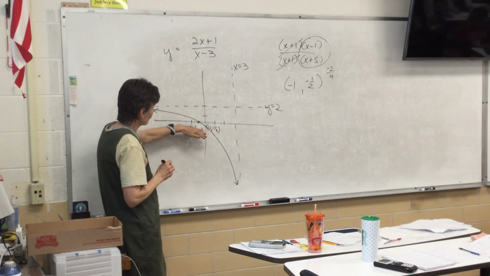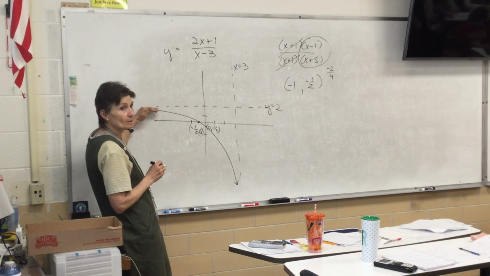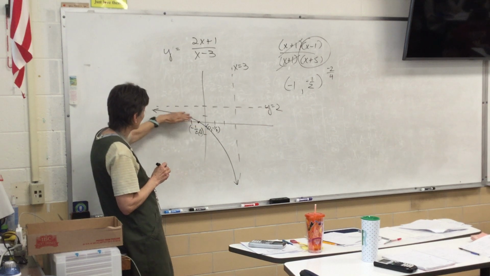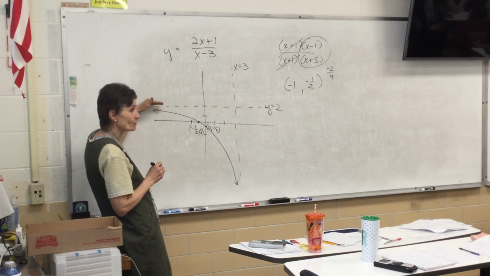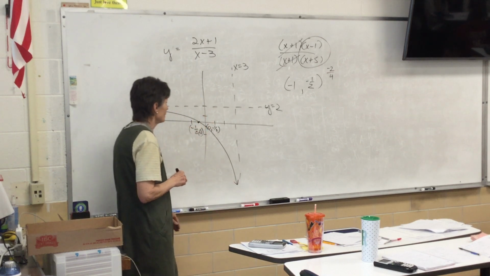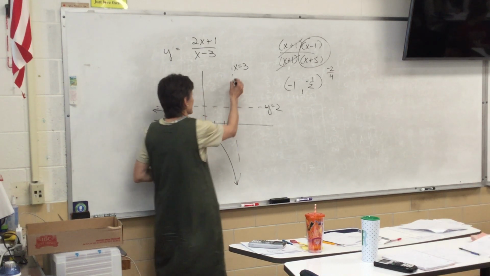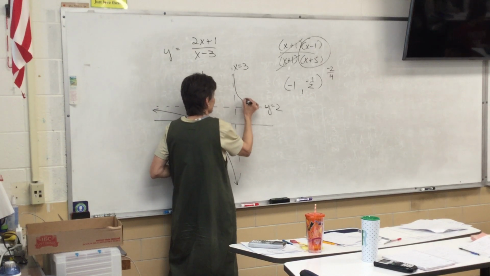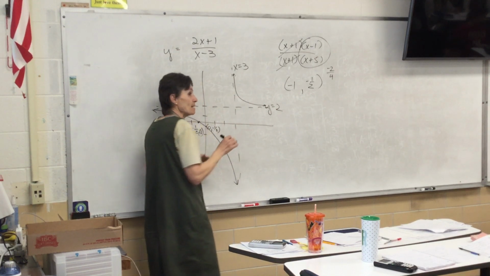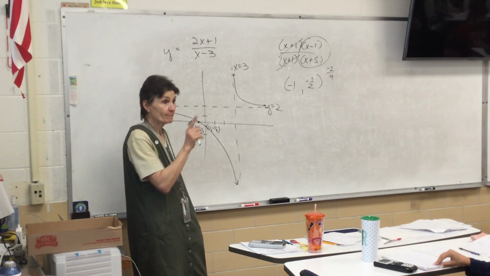Remember that the curve is going to approach its asymptote. So the farther out you go, the closer it's going to get to this and this. Half the picture, where's the other half? On the other side, kind of opposite it, right? Right here. And the same thing, up and out. Right?